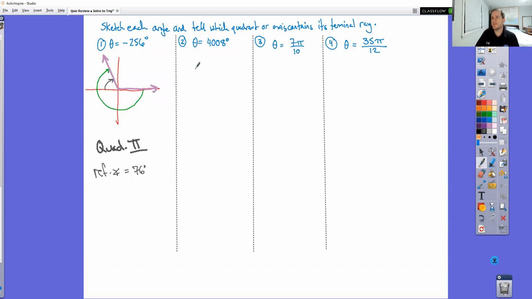It's a little weird, but just because this angle is so big, you'd want to start breaking it down. You'd say, okay, 4008. Well, I can subtract away 360 a bunch of times, certainly at least 10 times. Let's do that. So 4008 minus 360 times 10 was 408.